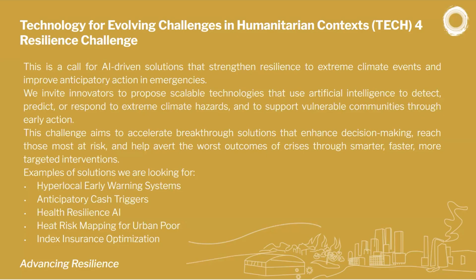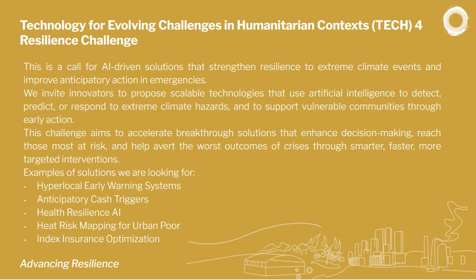An example of the solutions we're looking for: hyperlocal early warning systems for floods, tornadoes, and everything like that. Anticipatory cash triggers, where cash works to support the humanitarian context. Health resilience AI, how AI can be used to advance the resilience within the health sector. Heat risk mapping for urban poor.